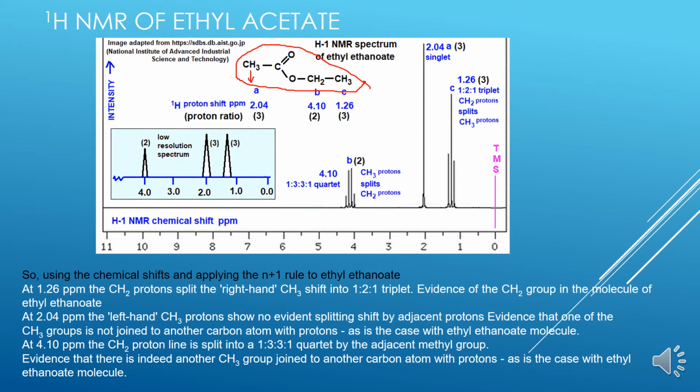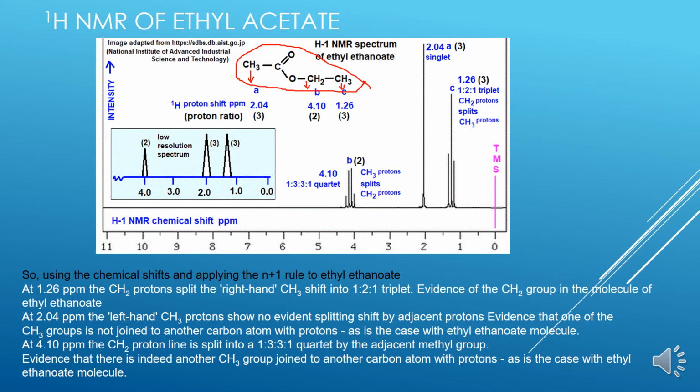Here two methyl groups are there. One is the ethyl group methyl protons, labeled as C. The acetate group methyl is labeled A, and this methylene group is B.